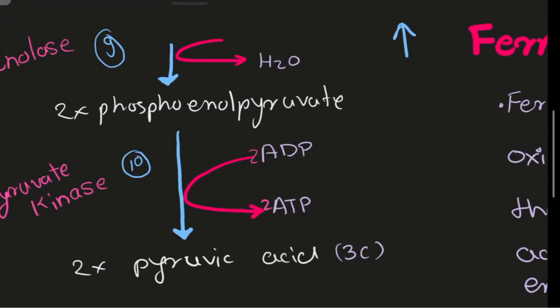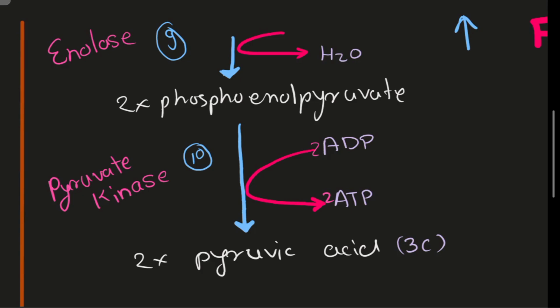Then in the 9th step, 2-phosphoglycerate is converted into phosphoenol pyruvate, and at last 2 ADPs are converted into 2 ATPs with the help of pyruvate kinase.